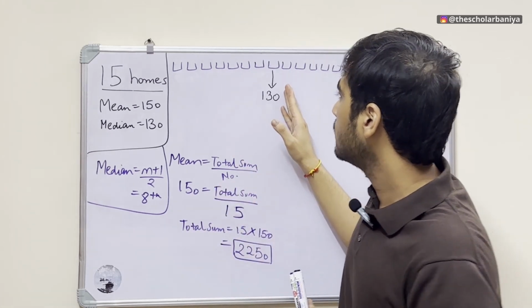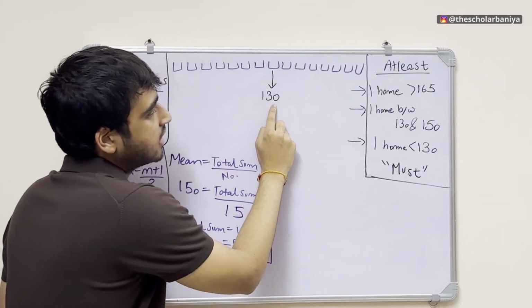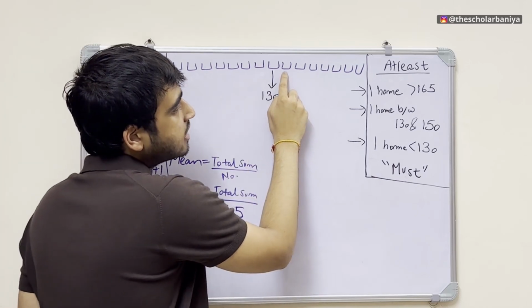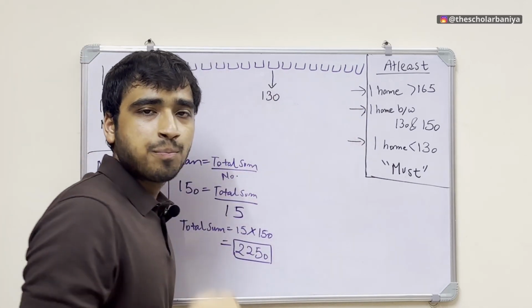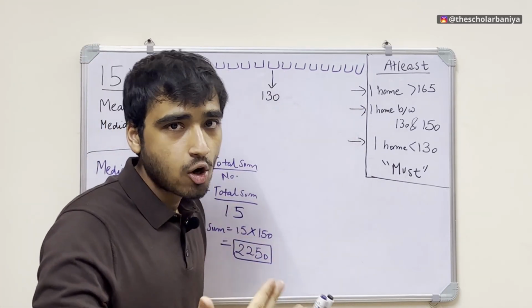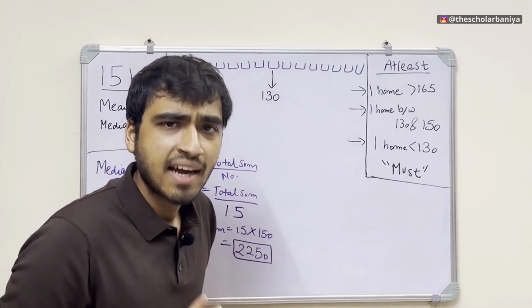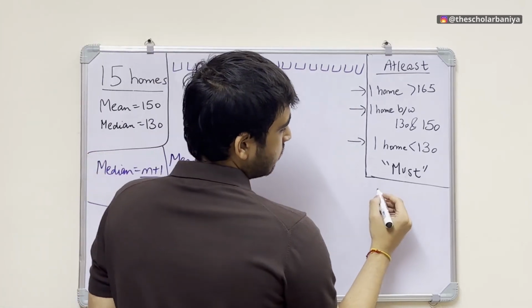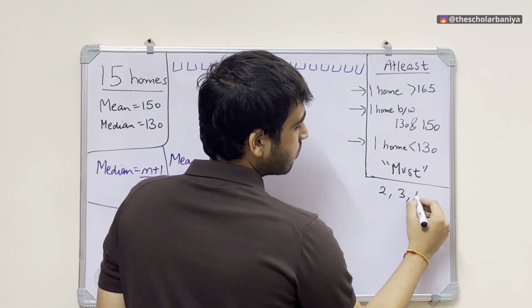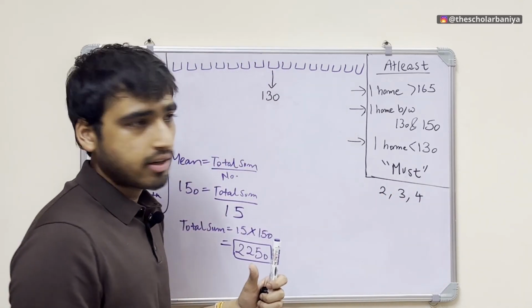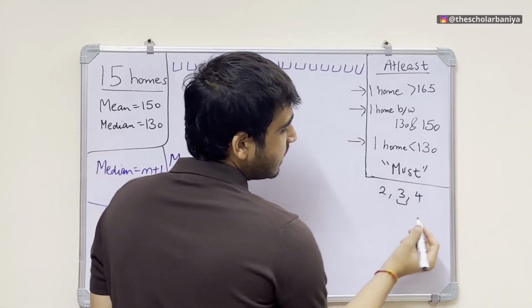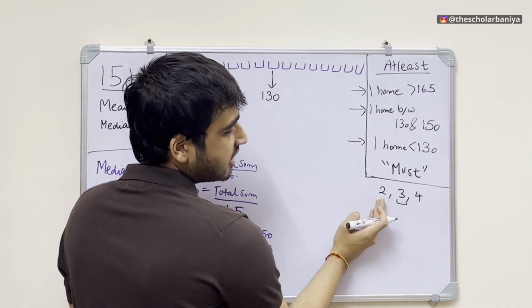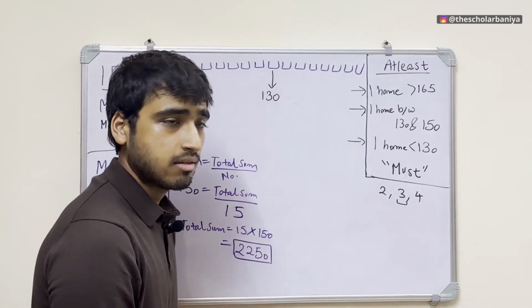And all the houses to the right, from this house to this house, will be either 130 or greater than 130. For example, 2, 3, 4 is in ascending order, because if you look at 3, the left side is smaller than 3 and the right side is bigger than 3, right?